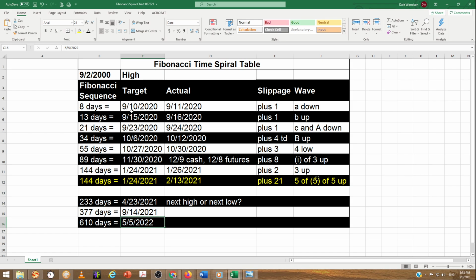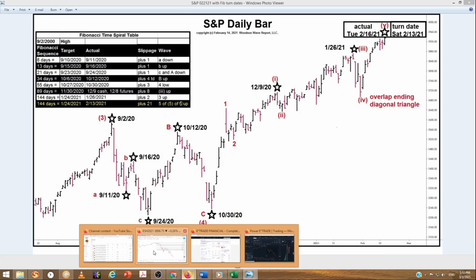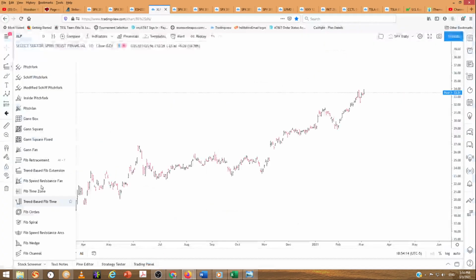Okay, then we see we wanted to look at something else here. Oh yeah, we wanted to get into the XLF. Here it is. Okay, so we're looking at a daily chart of the XLF. Let me move that down, and let's count this if we can here. Fibonacci extension.